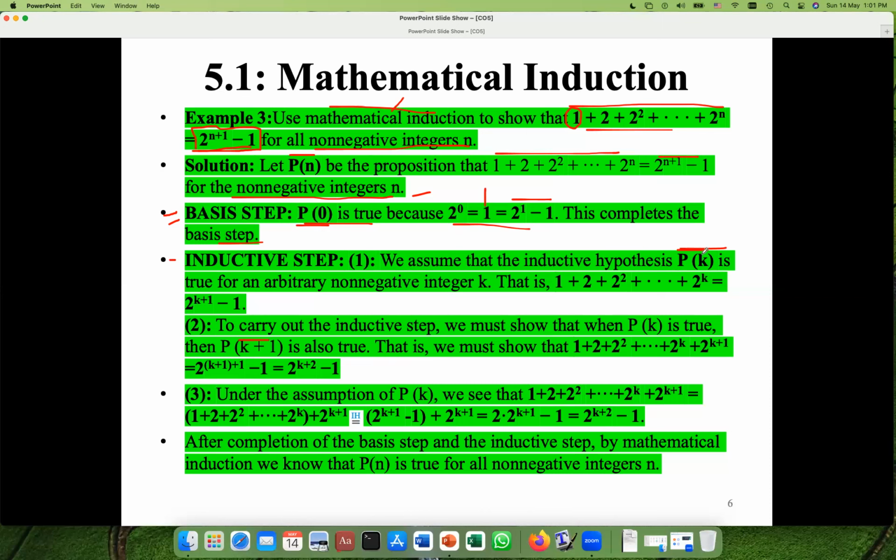P(k) is true for any arbitrary positive or non-negative integer k, just playing with words, nothing else. Then you put that k into the equation: 1 plus 2 plus and so on up to 2 raised to the power k is equal to 2 raised to the power k plus 1 minus 1. That is now the form of our assumption P(k).